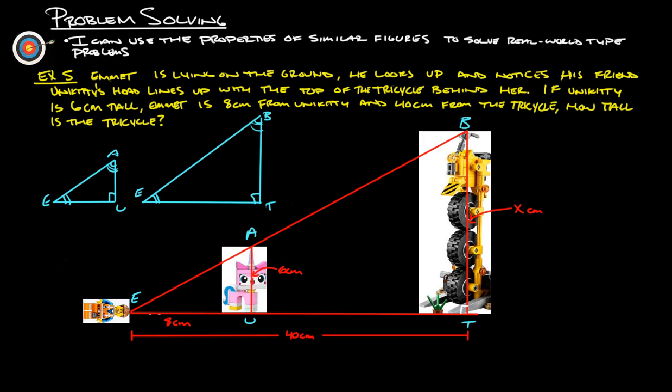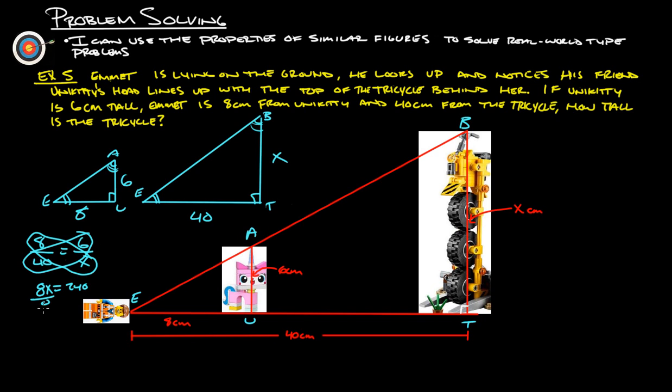So we know that this side here is 8, this side is 6. We know that this whole side down here is 40, and this is X. Now we can set up our ratio. Let's say the bottom sides, 8 is to 40, as the right sides, 6 is to X. Cross multiply, and away we go. We get 8x equals 6 times 40, which is 240.